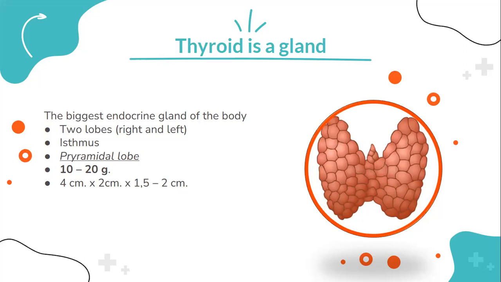So it could also be reported as times. Let's say, for example, a gland that is 60 grams would actually be 3 times bigger than usual. So it will be reported like 3x, which would mean 3 times bigger than usual.